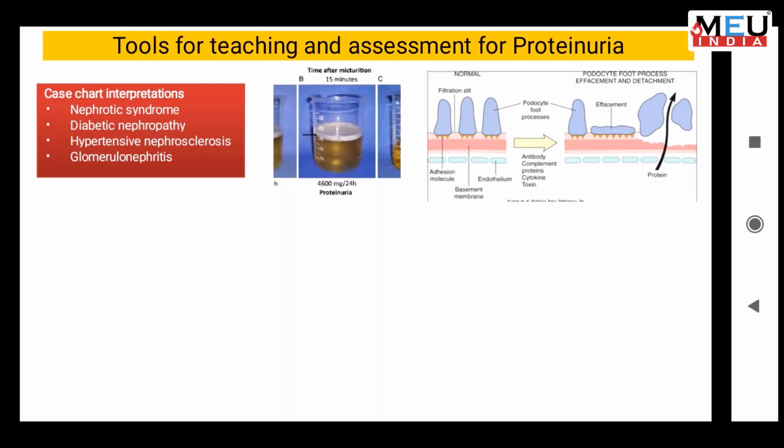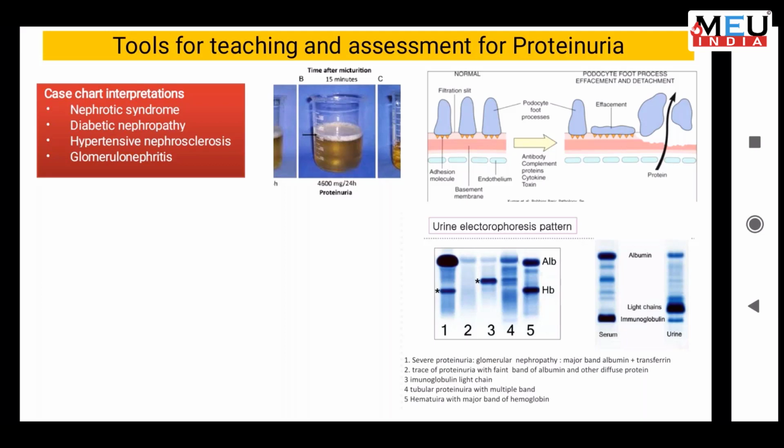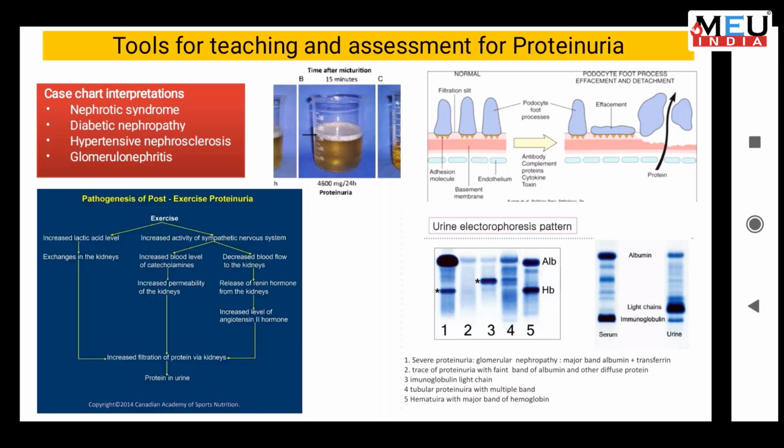Finally, we can explain the basis and rationale using flowcharts like that, and we can also tell our students to create some concept maps addressing the pathogenesis, cause and effect of proteinuria in different conditions. So all these different tools can be used for both teaching and assessment of proteinuria.